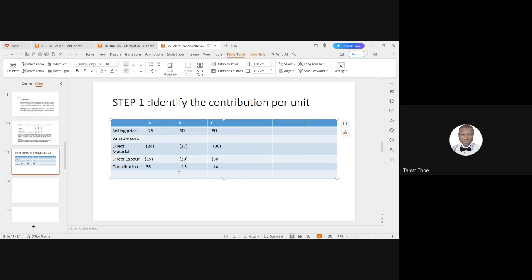Now we need to determine the value of direct material used to produce each of these units. So we have direct material per kg. How are we going to determine that?